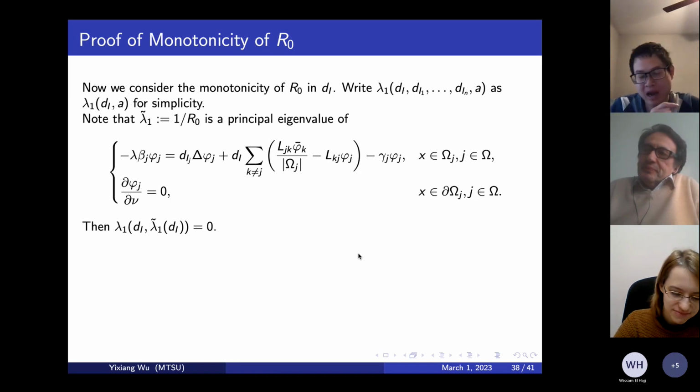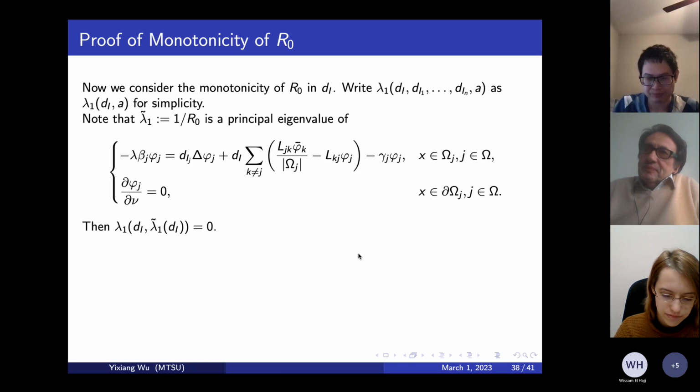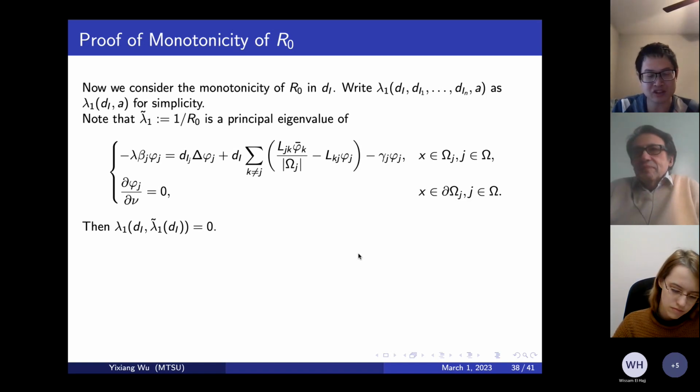And in biology, there are also some results called the reduction principle, which says movement will actually decrease the reproduction. So this is something related to the reduction principle.